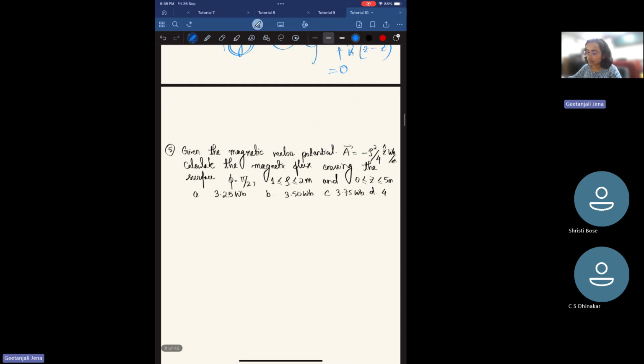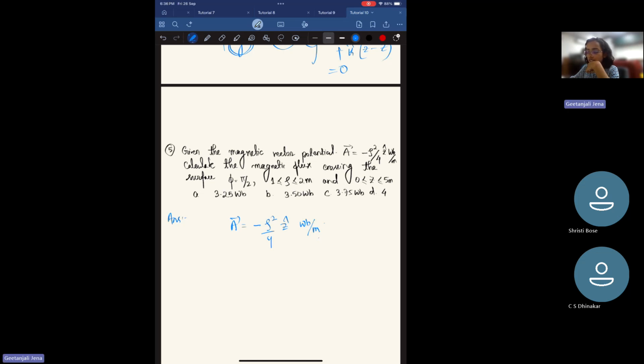Let us see question number 5. For question number 5, a magnetic vector potential is given. It is given by minus rho square by 4 z cube weber per meter.